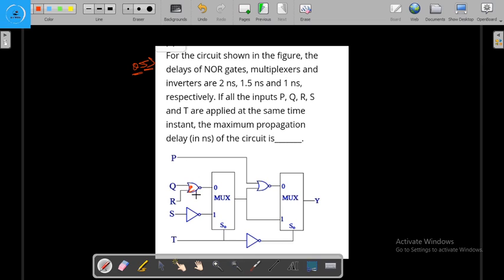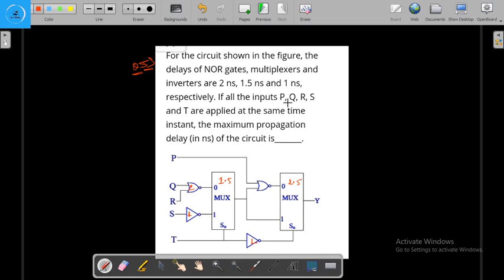We will write 2 here clearly, 2 nanosecond, and the max delay is 1.5 nanosecond, and 1 nanosecond is the inverter delay. This is the 1 nanosecond, this is the 1 nano.